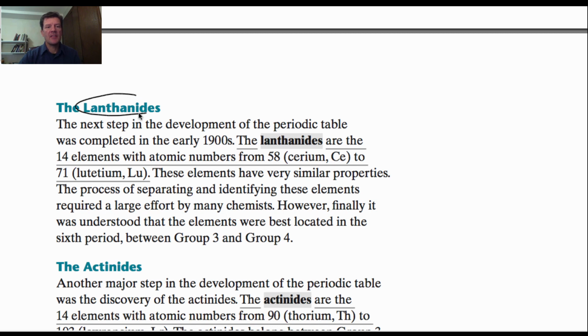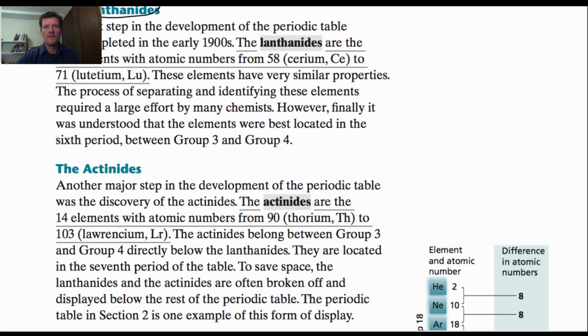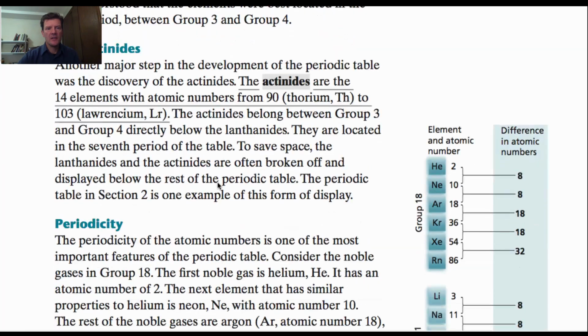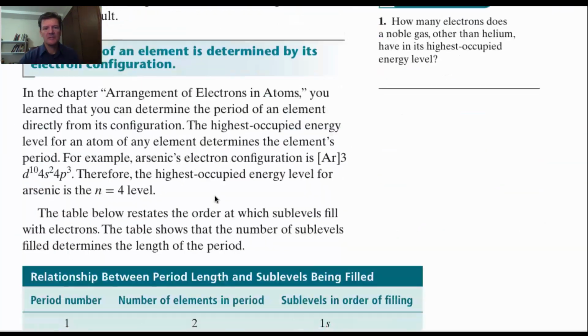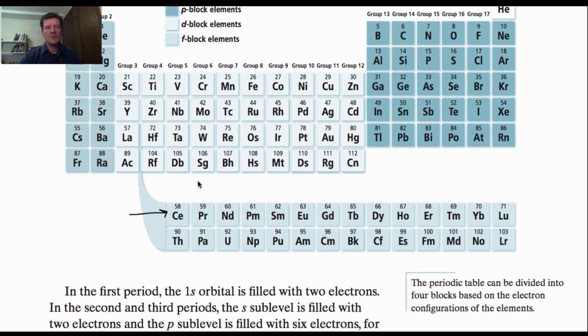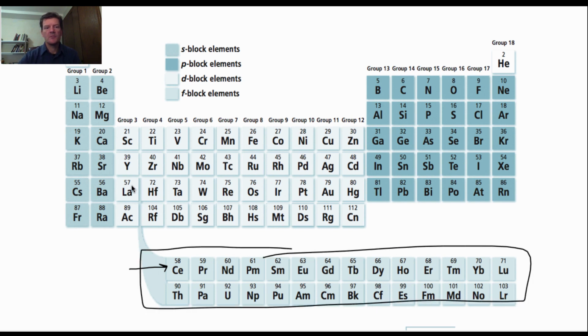Then we also have the lanthanides. The lanthanides are, let's see if we can get a periodic table here. The lanthanides are here on the periodic table. I'll show you really quickly. The lanthanides are this row right there, and actually this group here is often pulled out of the periodic table and put below, and then everything is compressed, but this group actually should fit in between those two elements right there.